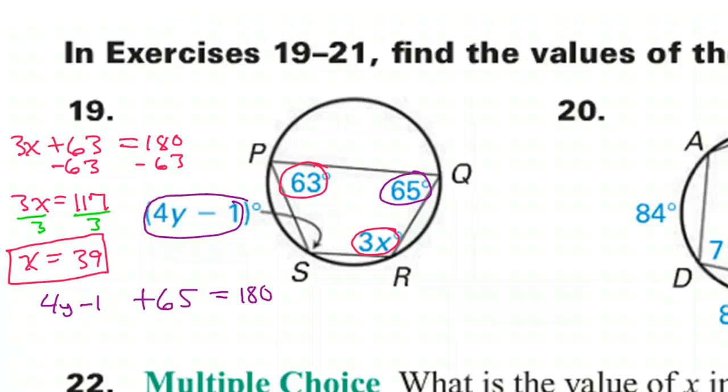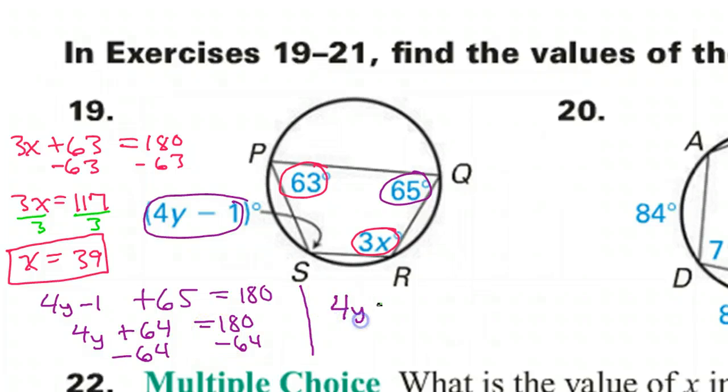So let's combine these like terms. Negative 1 and 65 together make 64. So I have 4y plus 64 is equal to 180. Alright, I would then subtract 64 from both sides. That will give me 4y is equal to 116.